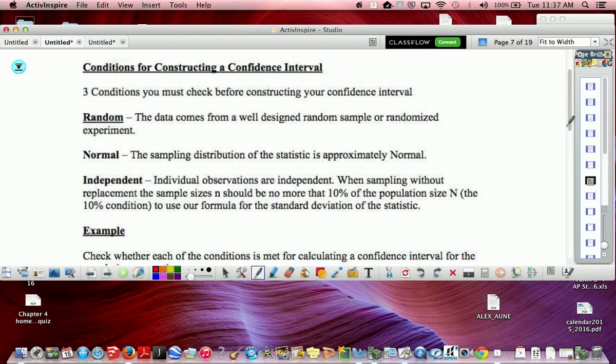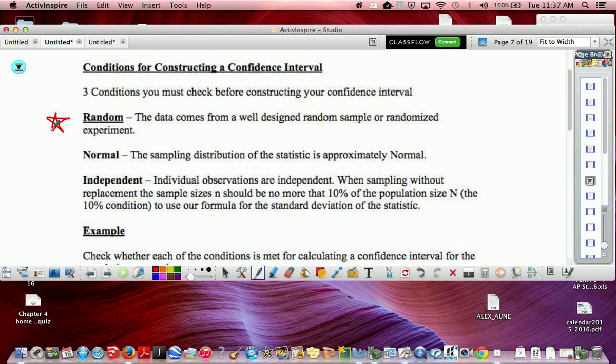It's part of the plan. So, the 3 conditions are the following. First of all, the data that you collect must come from a random sample.